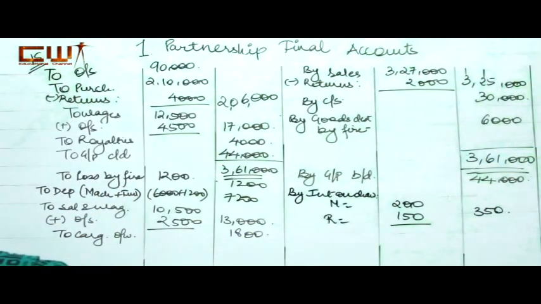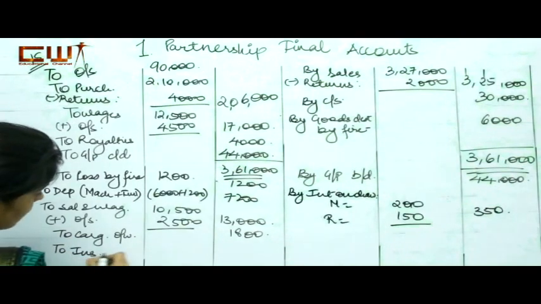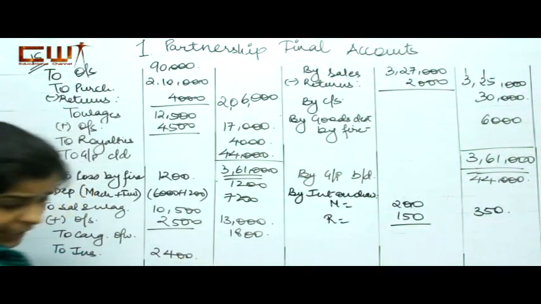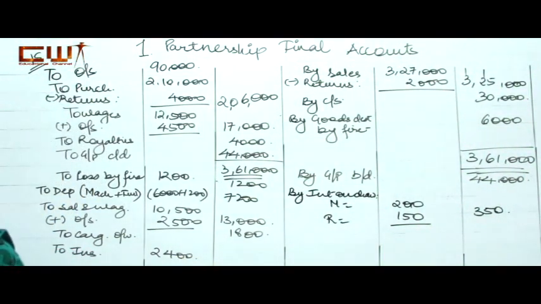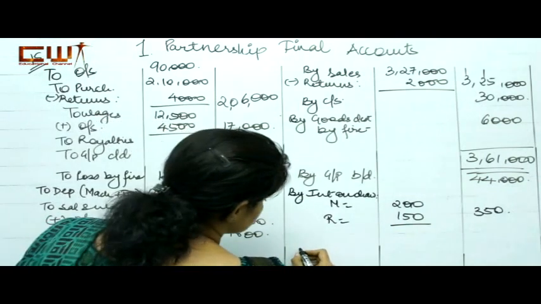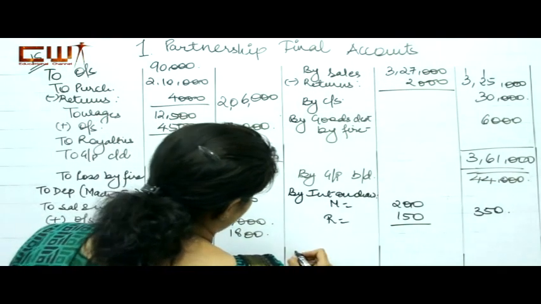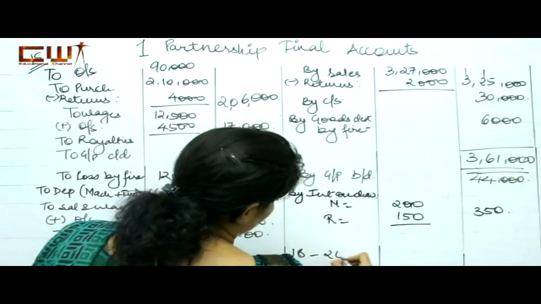Next, insurance. Have they given anything for insurance? Yes. Insurance is 2,400, and they say that they have paid insurance up to 30th September 2009. It has to be paid till 31st March, but they have paid up to 30th September also: April, May, June, July, August, September. For 6 months they have paid extra. So for 18 months they have paid 2,400.